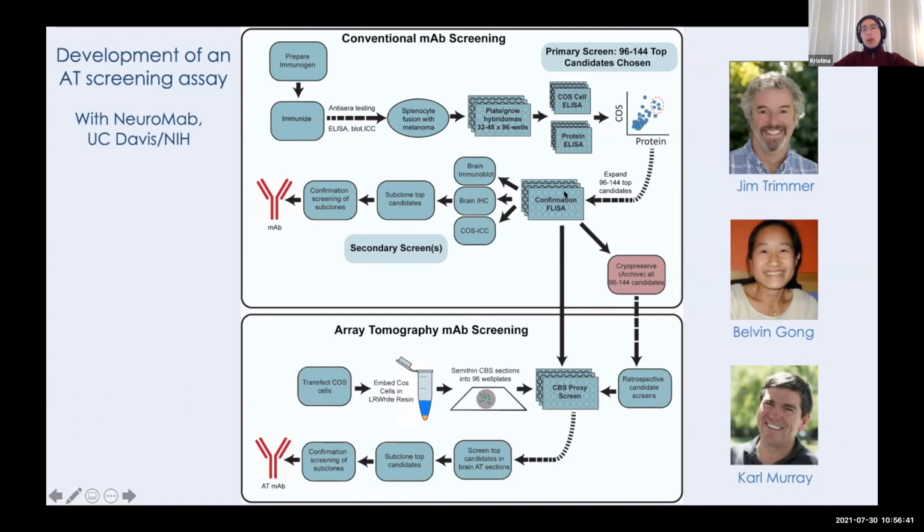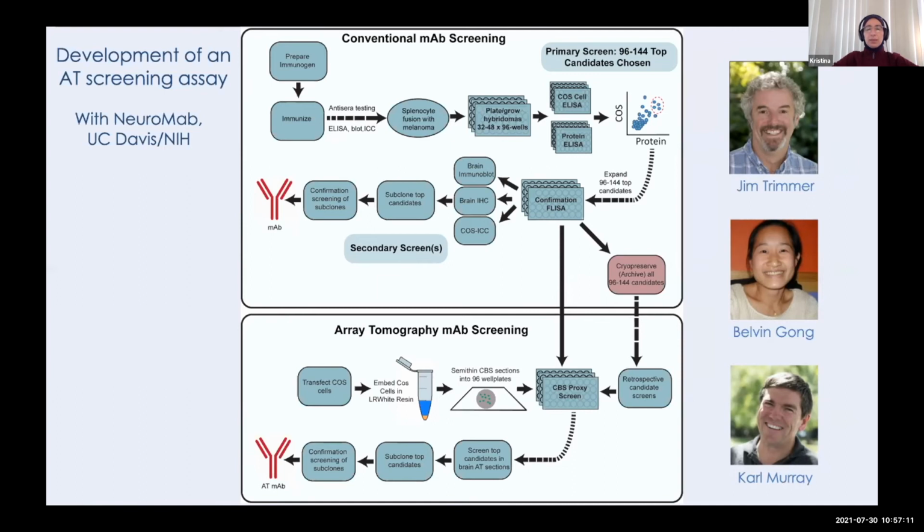So now the top candidates after these primary assays, and usually it's 96 to 144 candidates at this stage, are also tested with this proxy screen. So the proxy screen, as I explained, is COS cells that are transfected with the protein of interest. But now it is processed for post-embedding. So the cells are fixed and embedded in LR White resin.